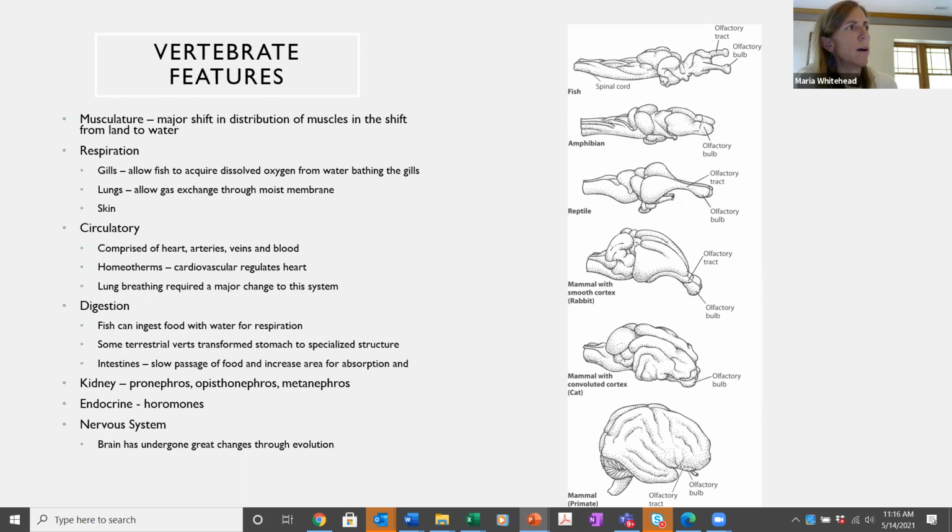Digestion is quite diverse amongst the organisms. Fish can ingest food with water that they use for respiration. Some terrestrial vertebrates have really transformed their stomachs into more specialized structures. We see this in ruminants and we see this in birds.